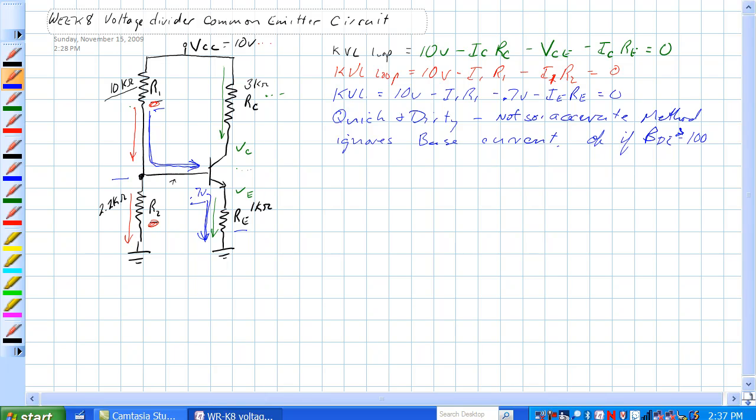What is the voltage at this point right here? If we have 10 volts, it's basically just a voltage divider.